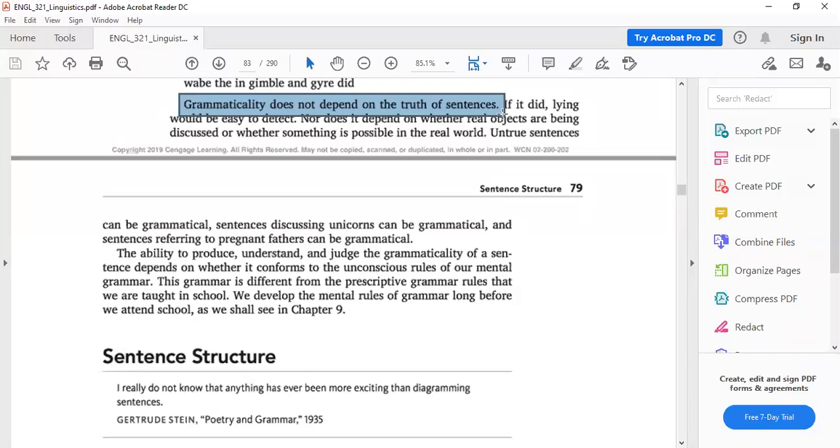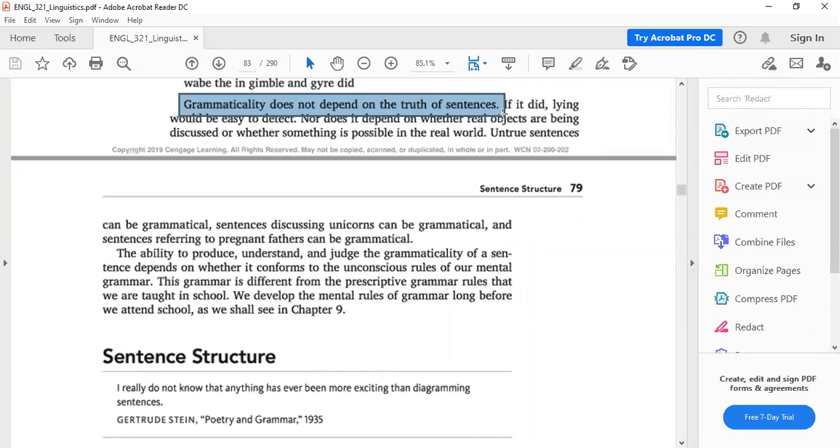Grammaticality does not depend on the truth of sentences. What do you mean by the truth value? Remember the sentence, colorless green ideas sleep furiously? The truth of the sentence is the ability of the sentence to give you a specific meaning.